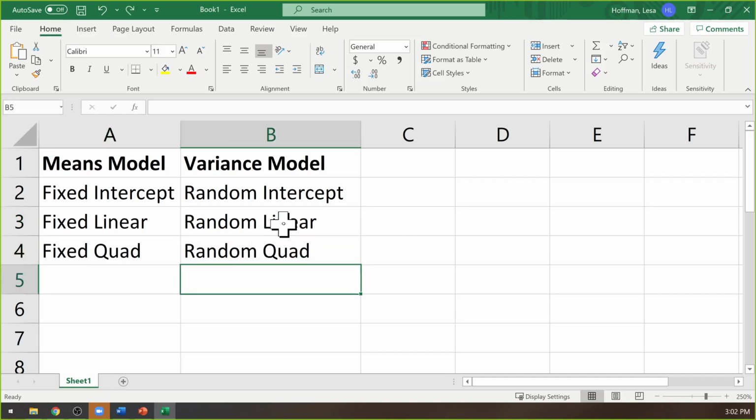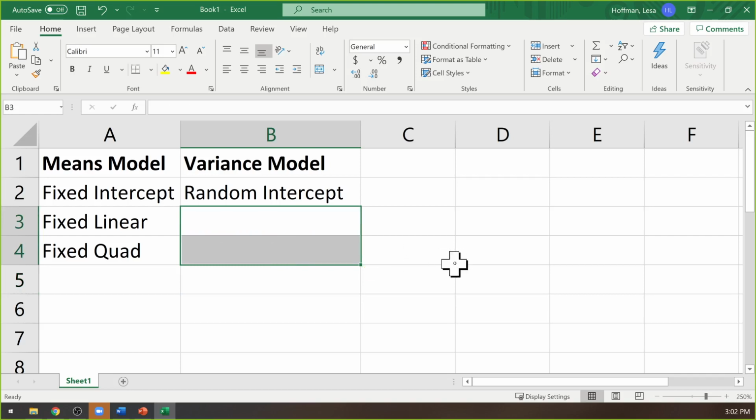Now, what about this? Can I do this? 1 vote for yes, 2 votes for yes. What do I call it? Yeah, fixed quadratic, random intercept.